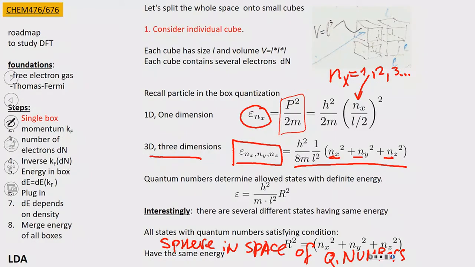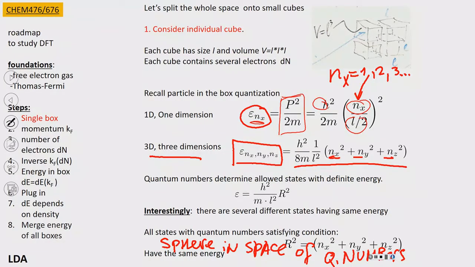So if you have this kinetic energy for one dimension x, the momentum can be expressed as Planck constant times quantum number divided by size. So there are several values of momentum which are allowed, right?